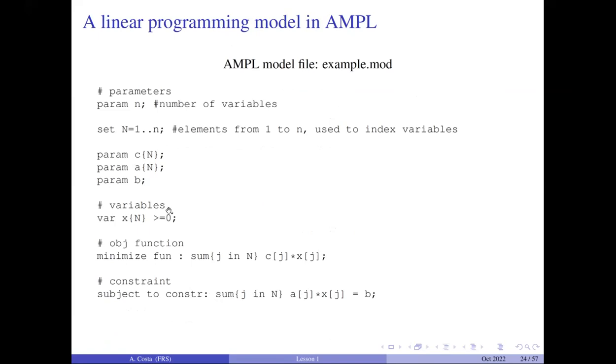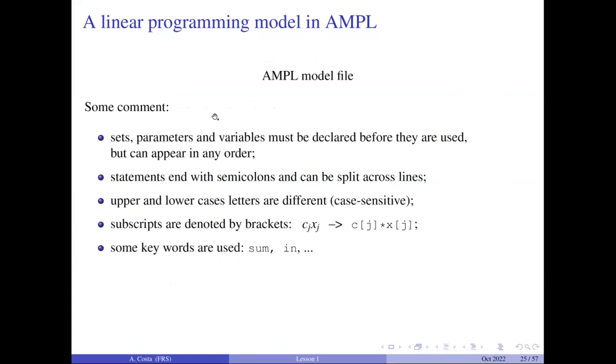You need to write the variable first. Otherwise, AMPL will say, I don't know what you are talking about here. But switching constraint and objective function, I actually don't know. I never tried. I will, and I will let you know if you want. I cannot say for now, but it may work. Okay.